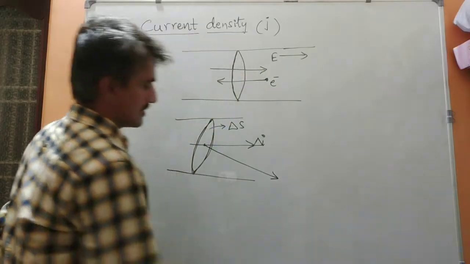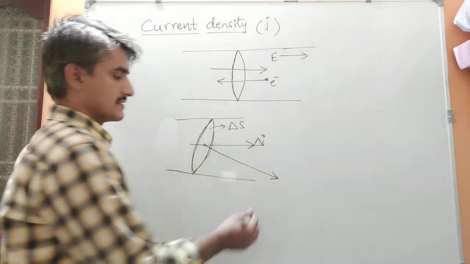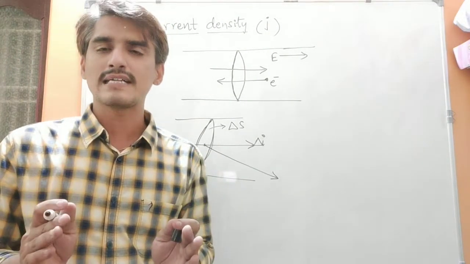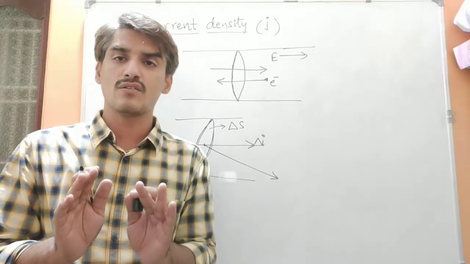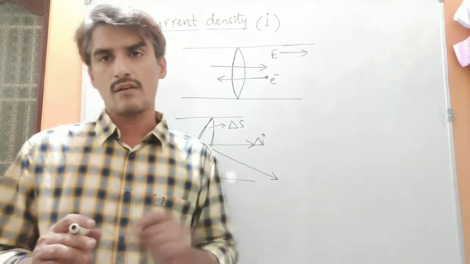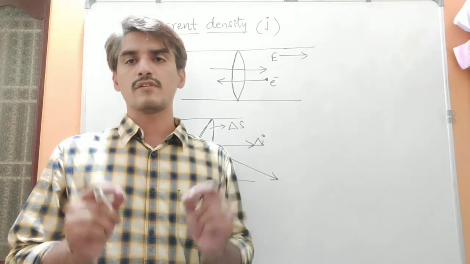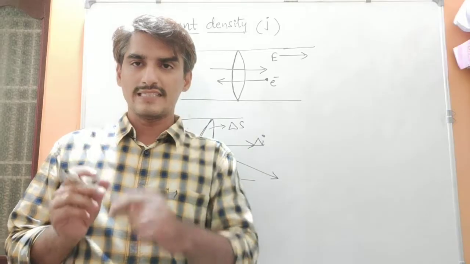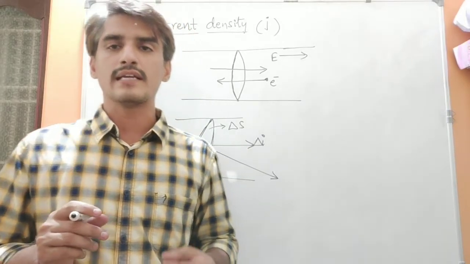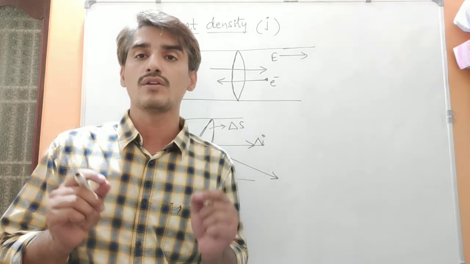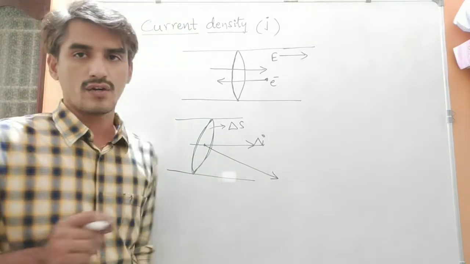Now, what is the direction of the area? Actually, area is not a vector quantity, but an infinitesimal value of area can be considered as a vector quantity, which means dS is an area vector. The direction of that vector is the outward drawn unit normal.